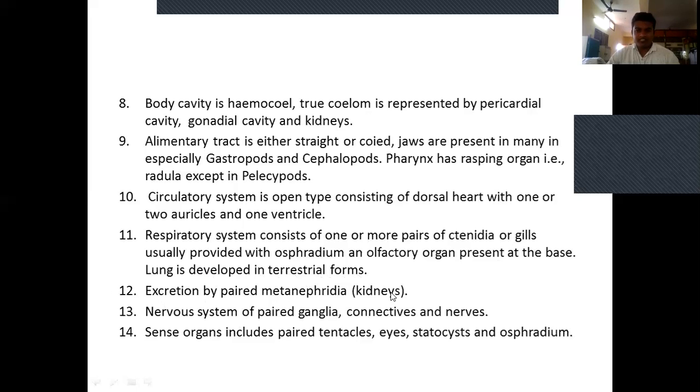Paired kidneys are present here, and metanephridia play a very important role in the excretory system. Next, nervous system of paired ganglia, connectives and nerves is also found in mollusks. Sense organs include paired tentacles, eyes, statocysts, and osphradia. All organs are present in mollusks and perform their very important functions.